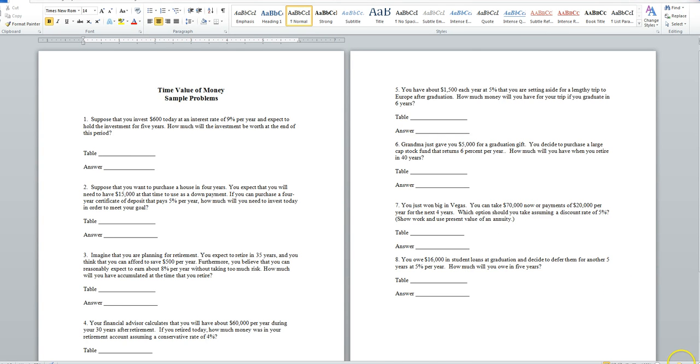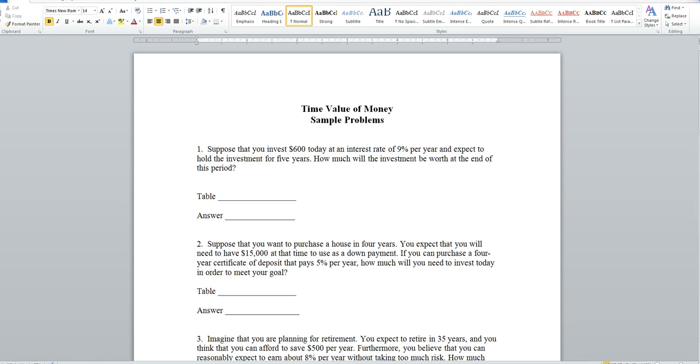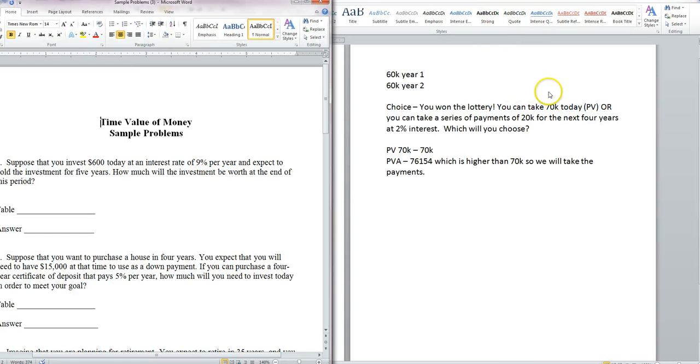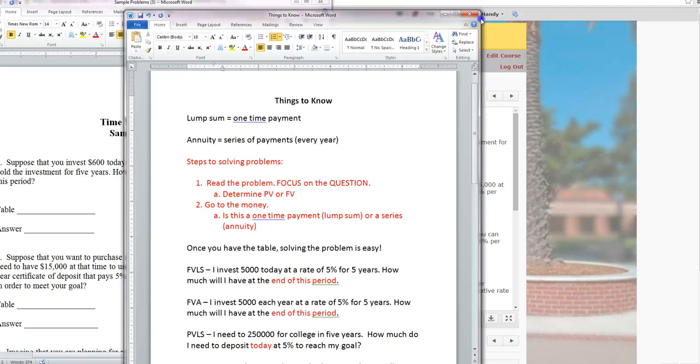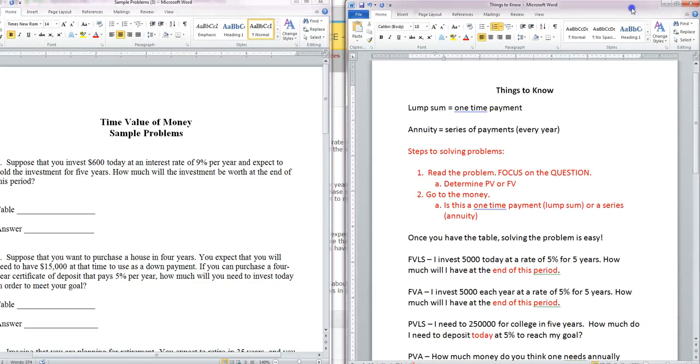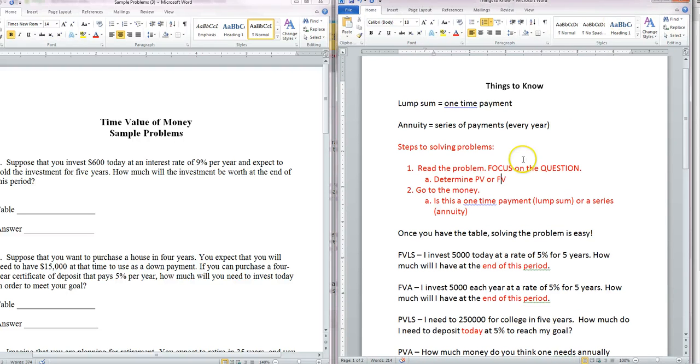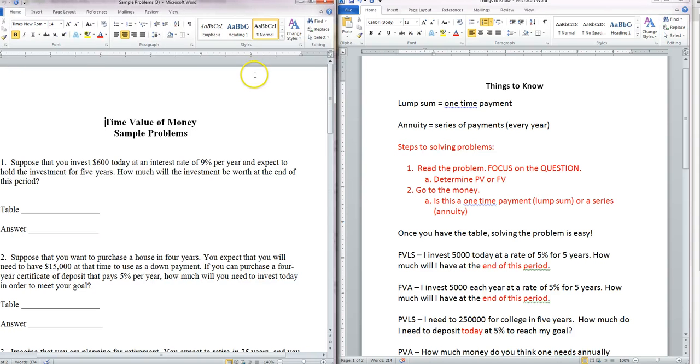So here's my steps. This is what I think you should try.